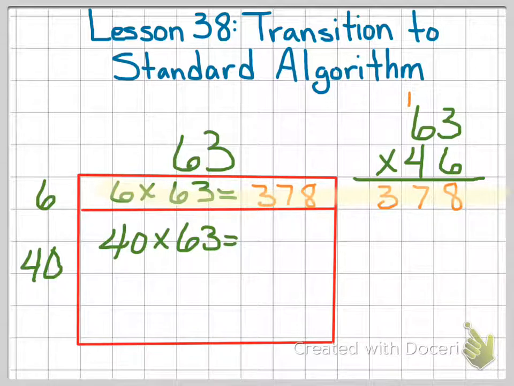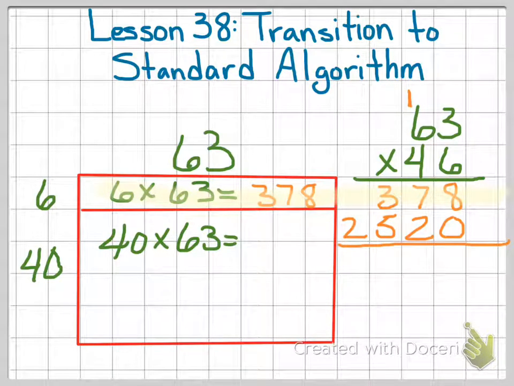Now I move to the lower rectangle, which is represented by the 4 here in the tens place, 4 tens, or 40 times 63. I'm going to put my placeholder in, and then multiply 4 times 3 is 12, and carry the 1. 4 times 6 is 24, plus 1, 25.